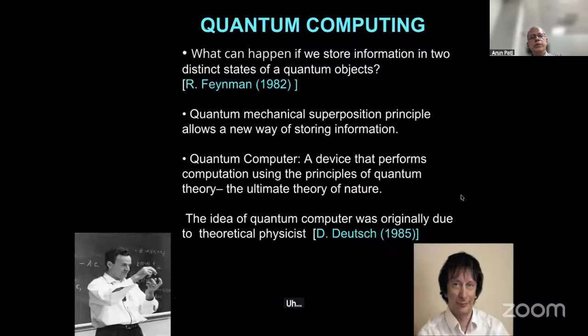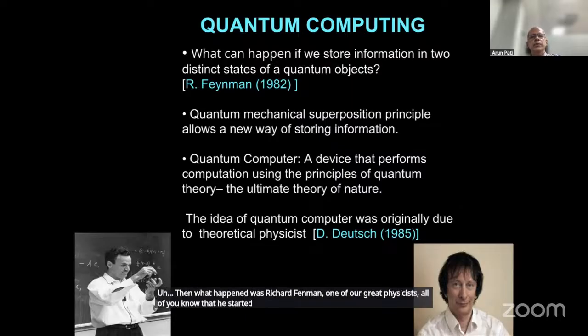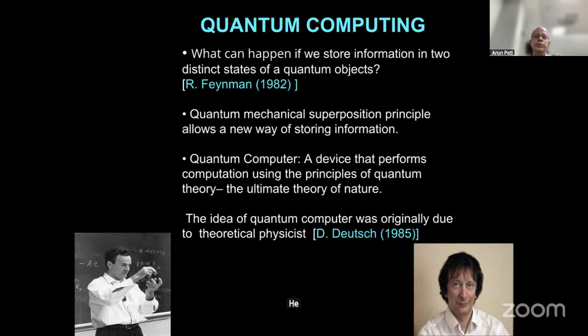Then what happened was Richard Feynman, one of our great physicists, all of you know, started asking the following question in 1982. He raised this question: what will happen if you store information in two distinct states of a quantum object? And why did he ask this question? Somehow he had a great intuition that if you try to simulate complex quantum systems on classical computers, that would be very, very inefficient.